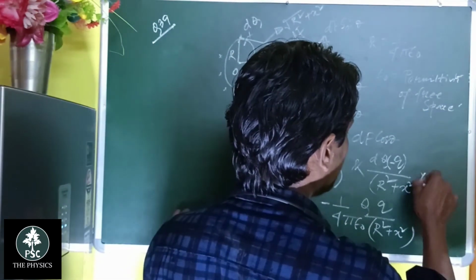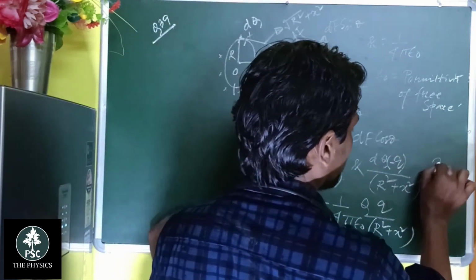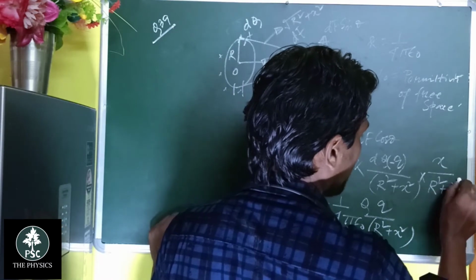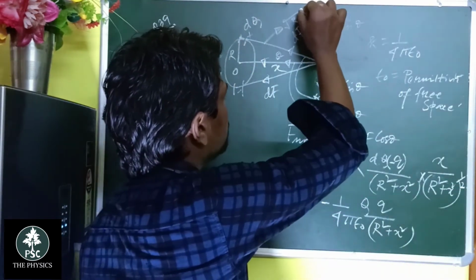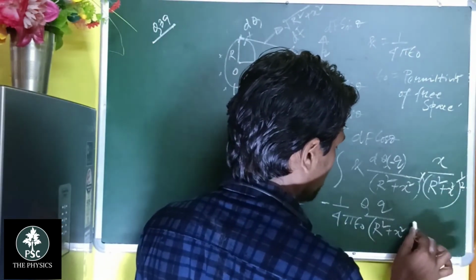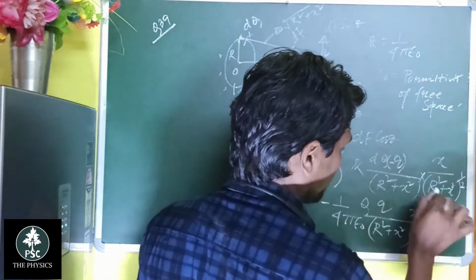So cos theta means base by hypotenuse. Base is x, and the hypotenuse is r square plus x square whole to the power of half, so together it is whole to the power of 3 by 2 with x.